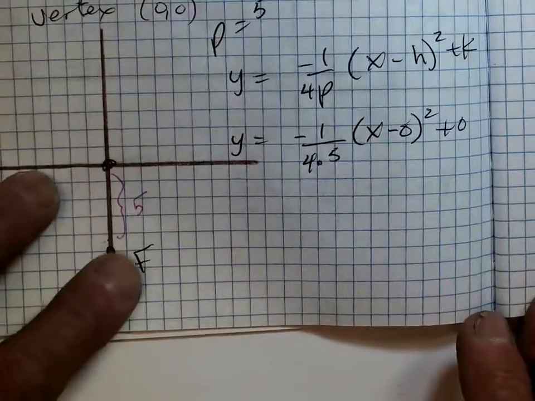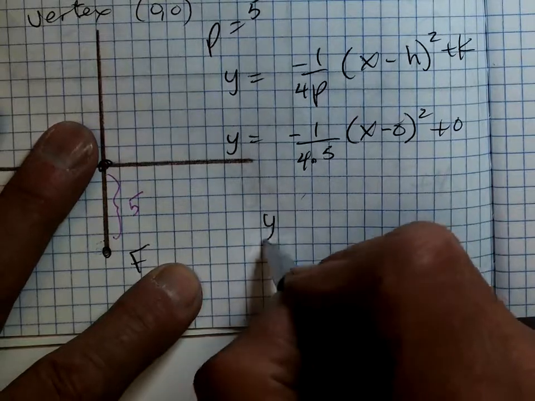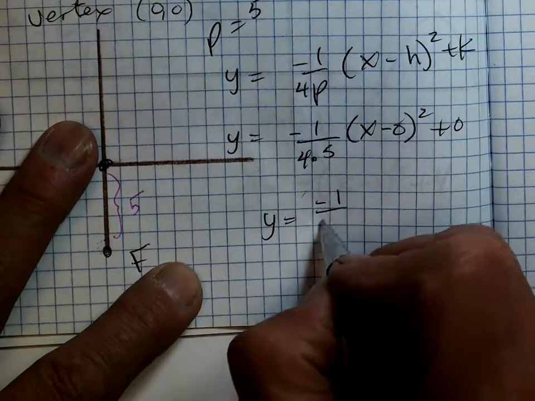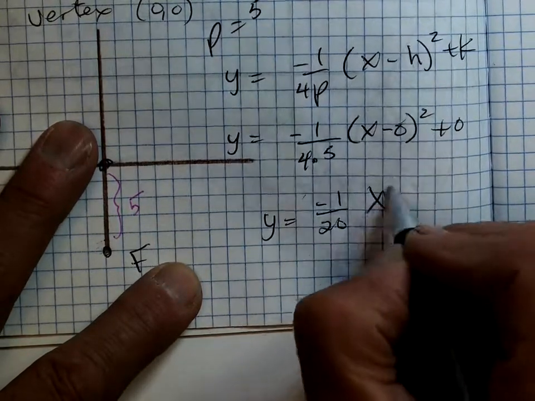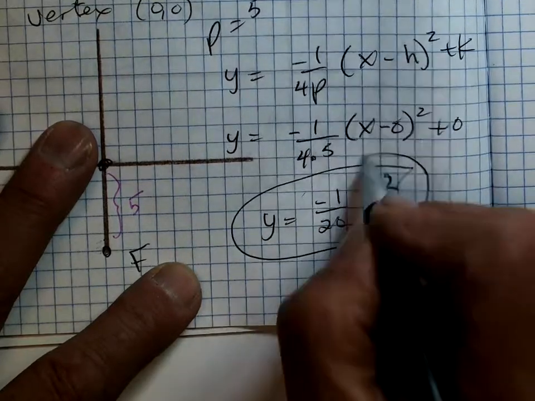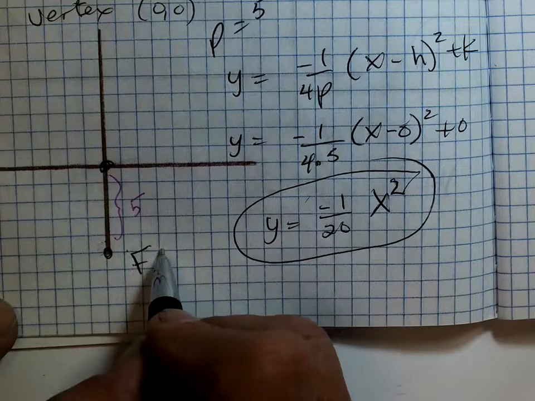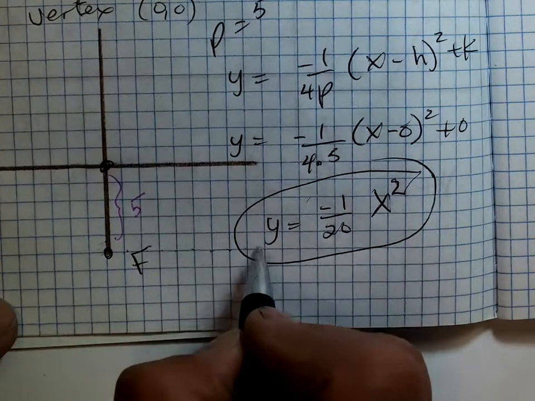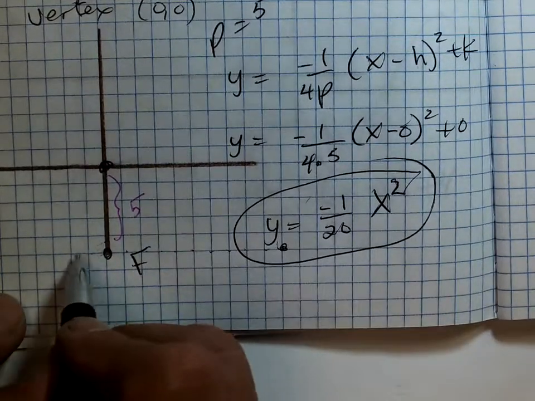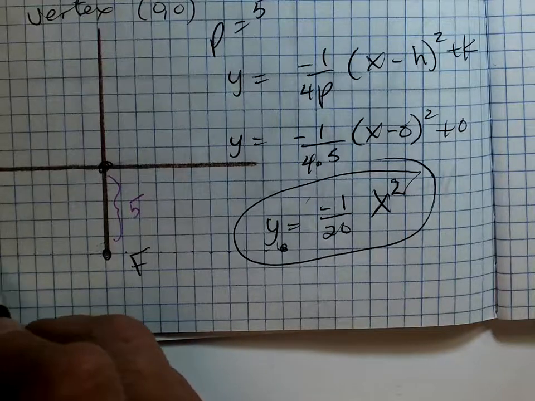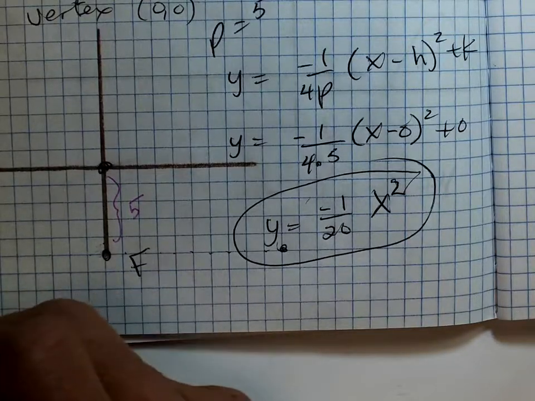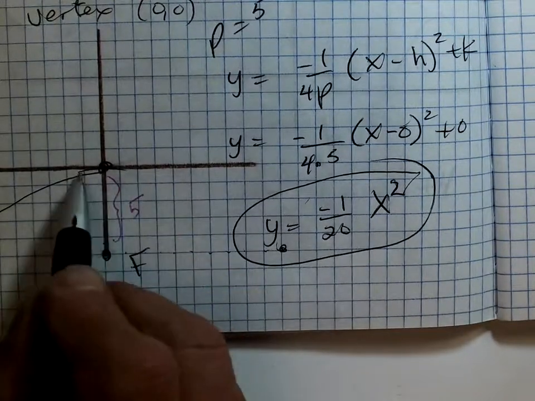All right, so let's tidy this up. I'll have y equals negative 1 over 20 x squared. That's all I need. And that'll make, let's see, 1, 2, 3, 4, 5, 6, 7, 8, 9, 10. There is my parabola.